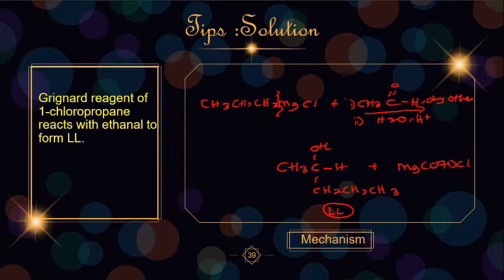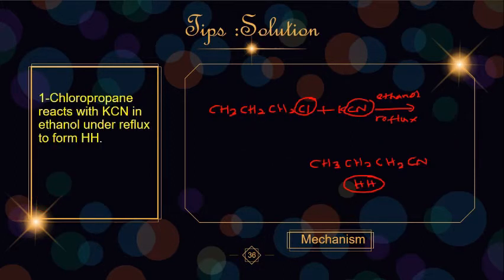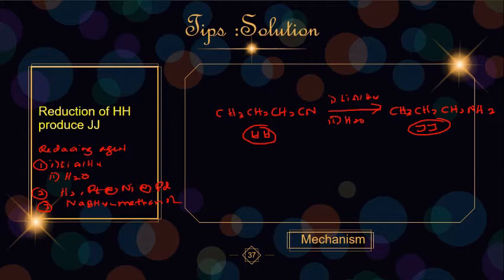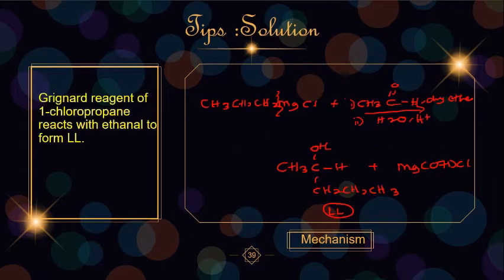Jadi kita kena form dulu haloalkane. From here, haloalkane plus KCN, you akan form kat sini HH. So from the HH, you buat reducing, you akan dapat JJ. Okay, so from here daripada HH, you akan form KK.